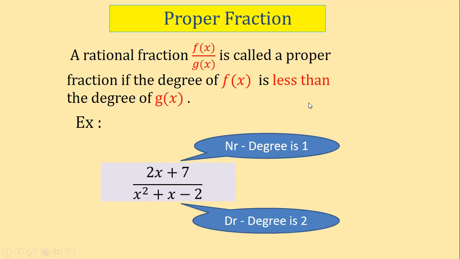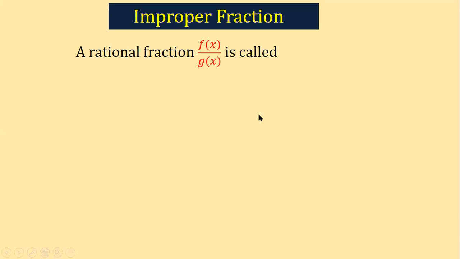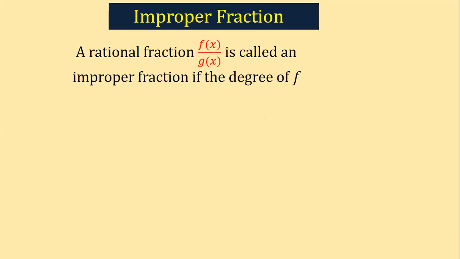So let us see another one. The next one is the improper fraction. The second kind of rational fraction is the improper fraction. So what is an improper fraction? A rational fraction f of x by g of x is called an improper fraction if the degree of f of x is greater than the degree of g of x.